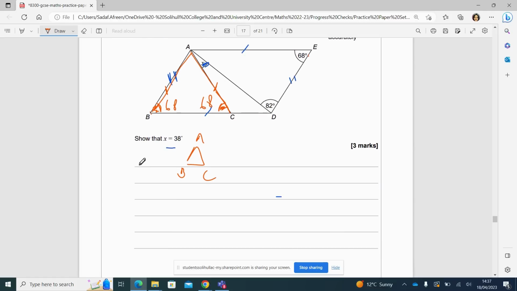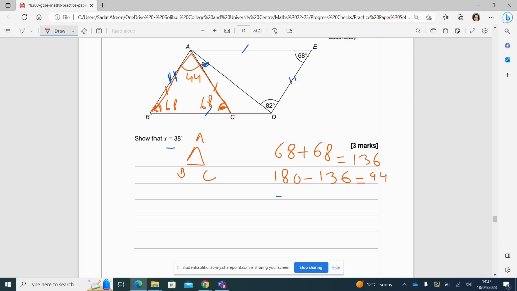So what we need to do next is add up 68 plus 68, and that gives you the sum of 136. And we know that angles in a triangle add up to 180 degrees, so we need to do 180 minus 136. Okay, and that gives you the total, which is 44 degrees, which is the value of this angle here.